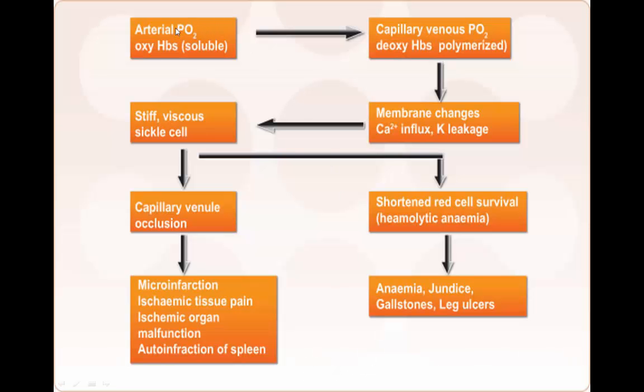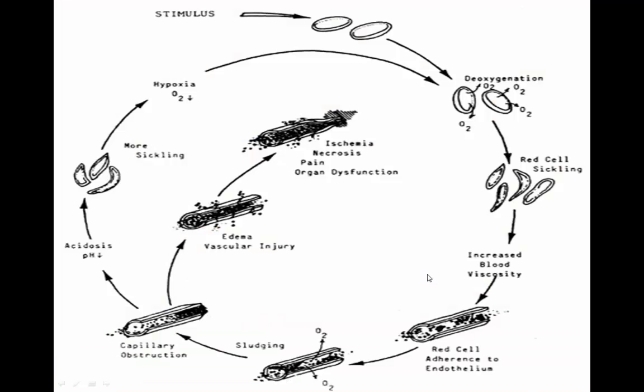So patients would have alterations of hypoxia that lead to deoxygenation of hemoglobin S, and that changes the membrane into a more viscous and sickling one, producing clumping and capillary occlusion, and producing all the ischemia and infiltration and ischemic organs.